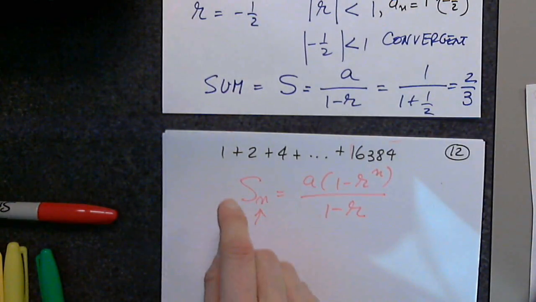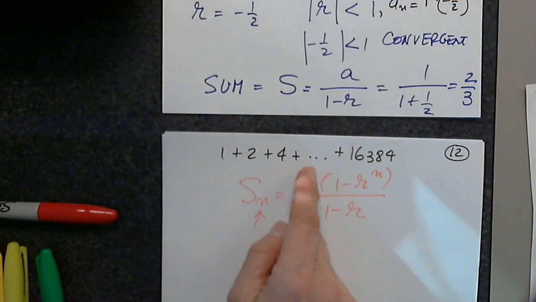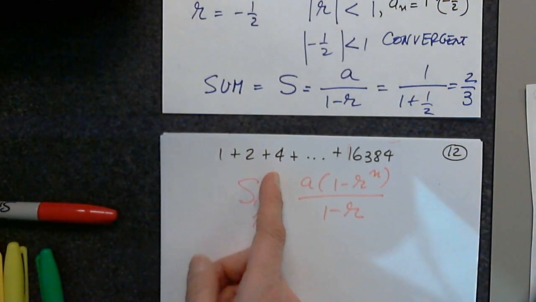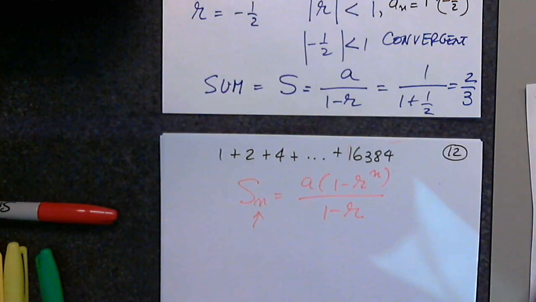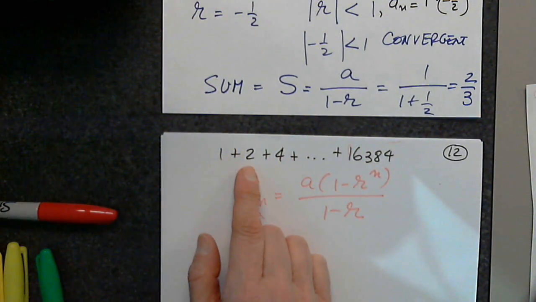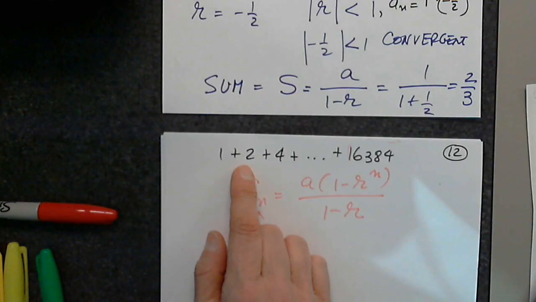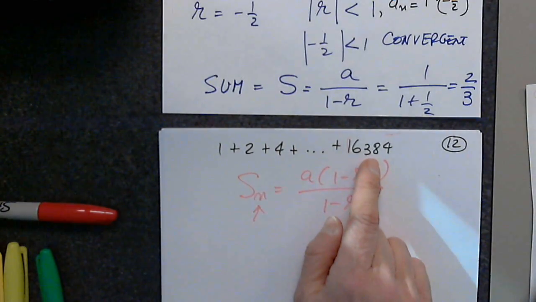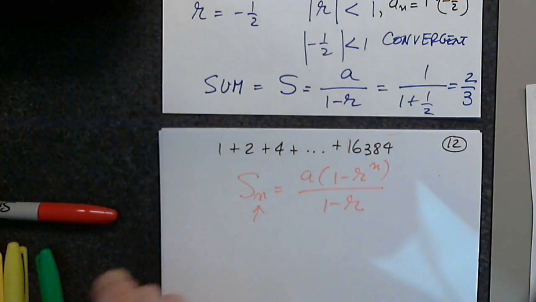I don't know. As long as I can show that every term is obtained by multiplying the previous one by the common ratio, then it is geometric. So 1 multiplied by 2, and 2 multiplied by 2 is 4. So then I know that this must be something with 2 raised to a power. Okay?